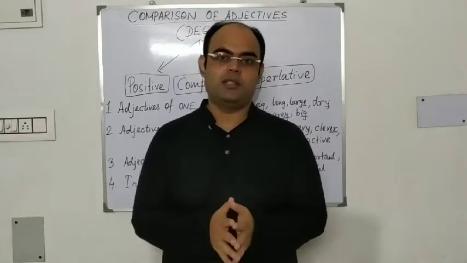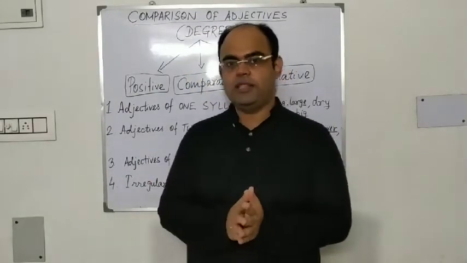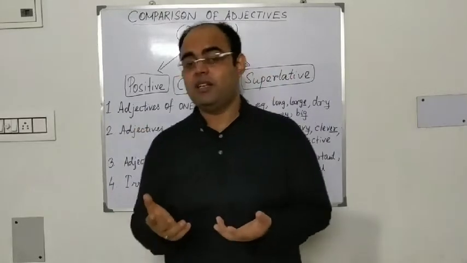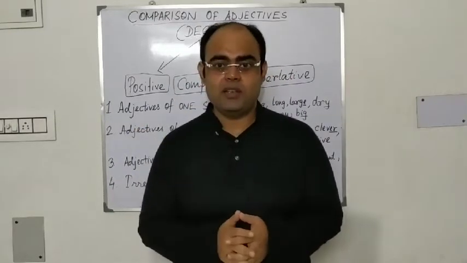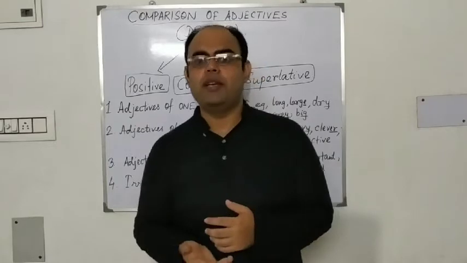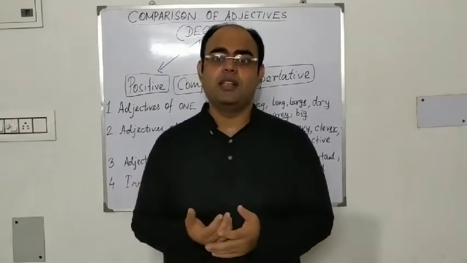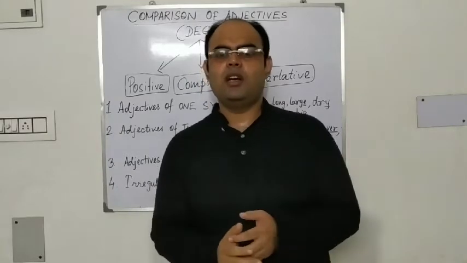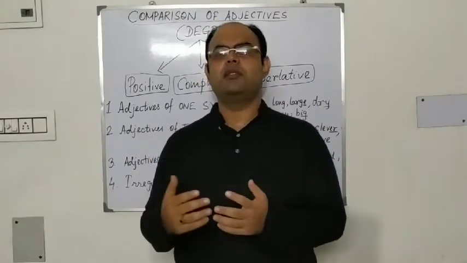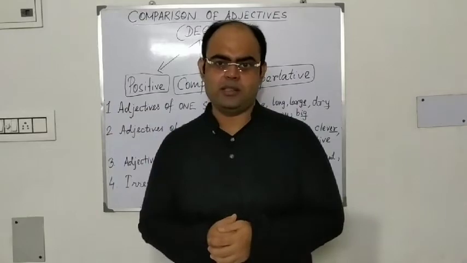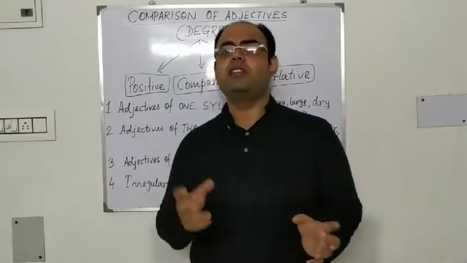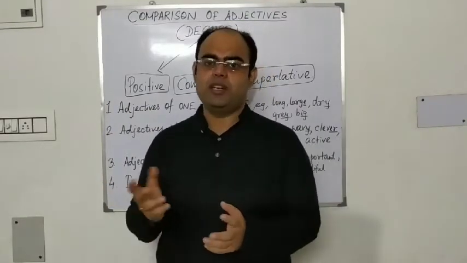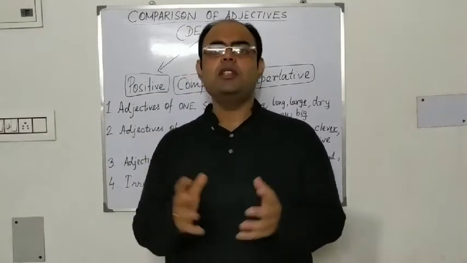You have to write the tallest boy. So a question can come like this. A question can also come where an entire sentence will be given, and then you will be told to change the degree. Perhaps a particular degree would be specified, or you will just be told to change the degree of the sentence, or change the degree of the adjective in the sentence. You may make necessary changes in the sentence. So these 2 types can come.